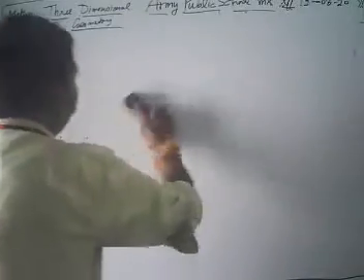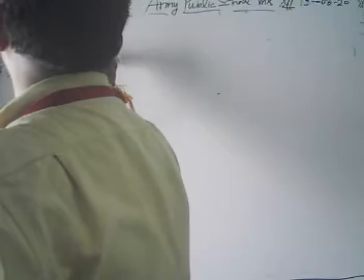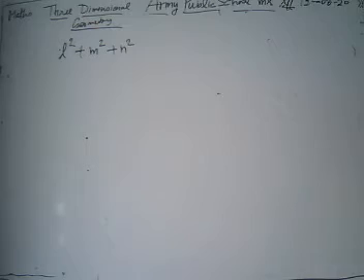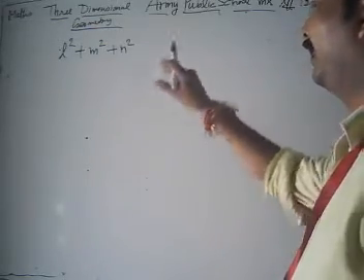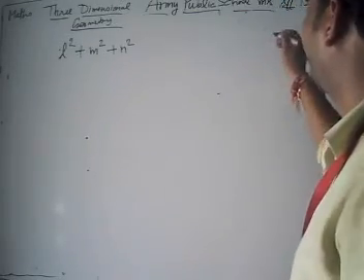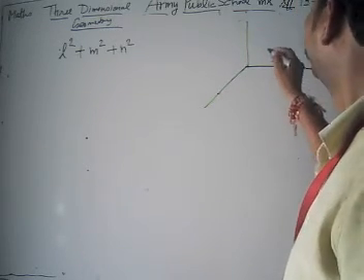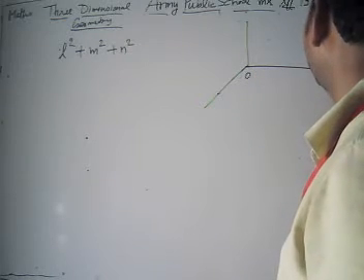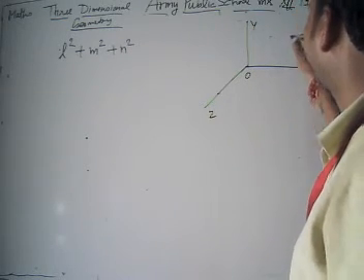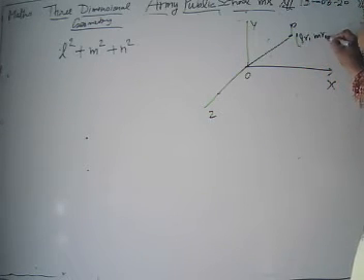Now we are going to find the value of l square plus m square plus n square. We discussed just before, with OX, OY, OZ, a point P whose coordinates are given by lr, mr and nr.